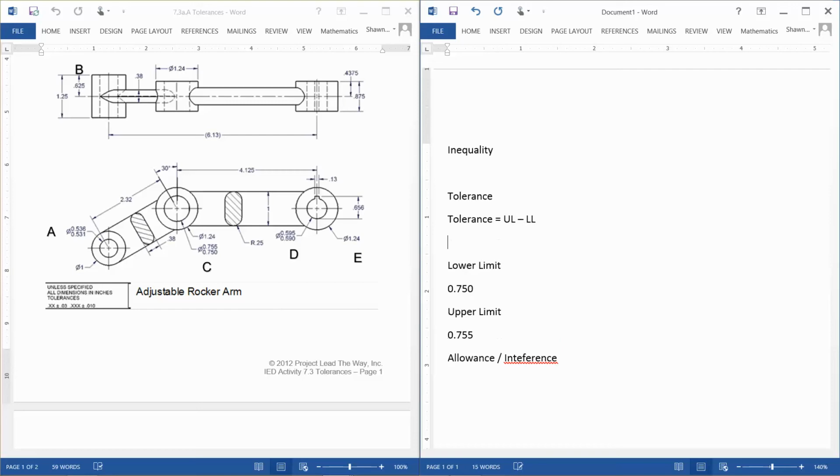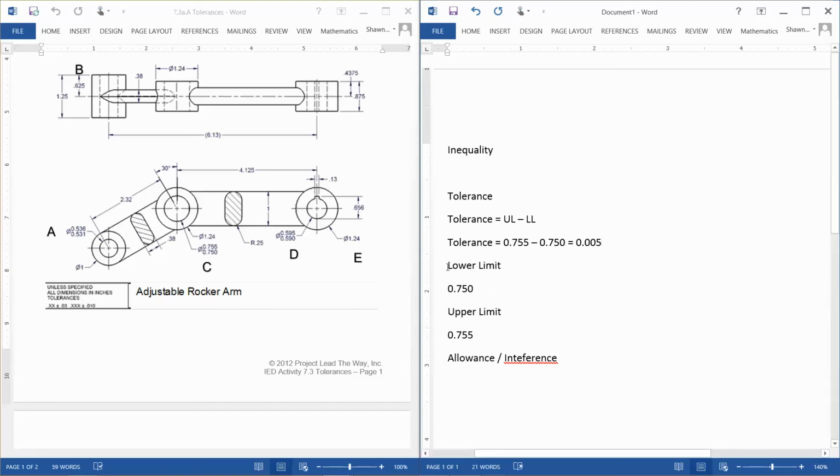In this case, the tolerance is equal to 0.755 minus 0.750, and that tells us the tolerance is 0.005, and whatever the units would be on this. It could be inches or millimeters; they don't really tell us over here on the left. So again, I've been working with this C off of the adjustable rocker arm. We've got the lower limit, the upper limit, the tolerance.